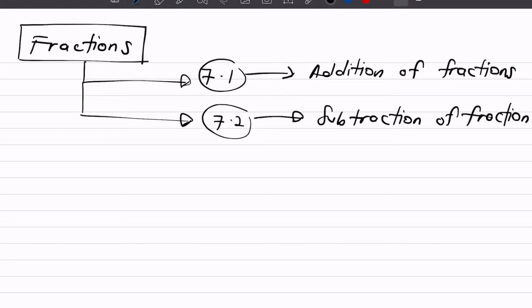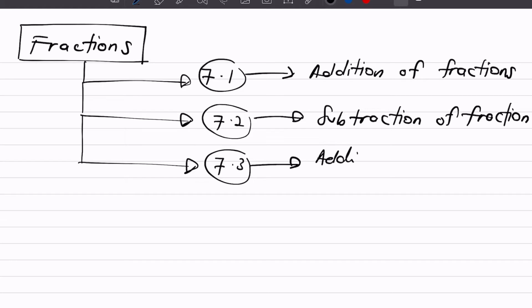The third part would be addition and subtraction of fractions.